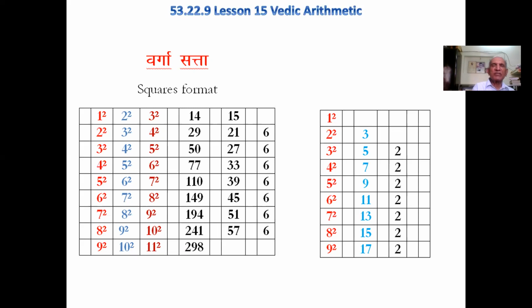So 1 square plus 2 square plus 3 square is a summation value 14, while 2 square plus 3 square plus 4 square is value 29.